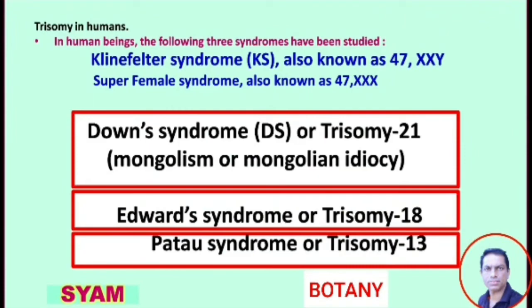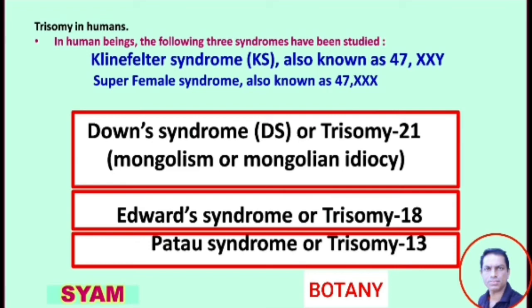Trisomy in humans. In human beings, Klinefelter syndrome, KS syndrome, also known as 47, 44 plus XXY. Super female syndrome is also known as 47, 44 plus XXX. Down syndrome or trisomy 21, Mongolism or idiocy, involves the 21st somatic chromosome.